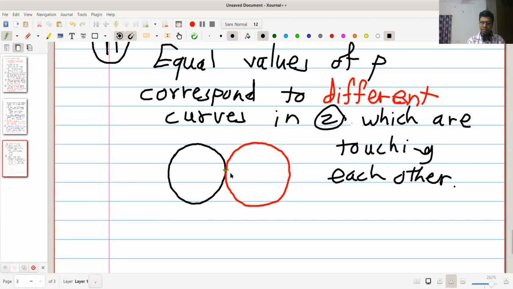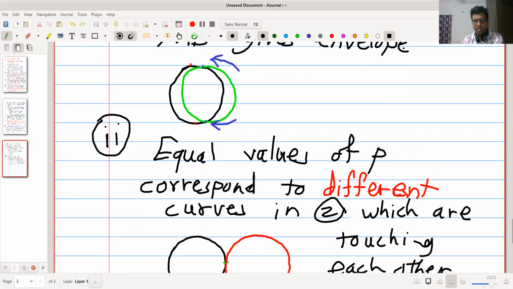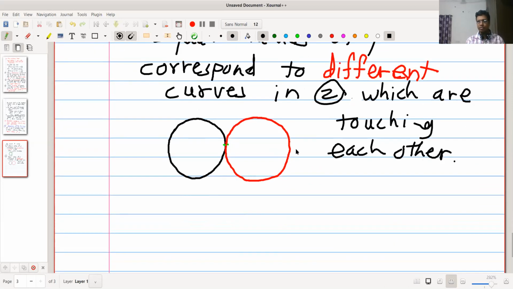But in first case we have matching curves, in second case we have different curves. So if we call this point as A, then we have following comments. At point A, the two curves touch each other.